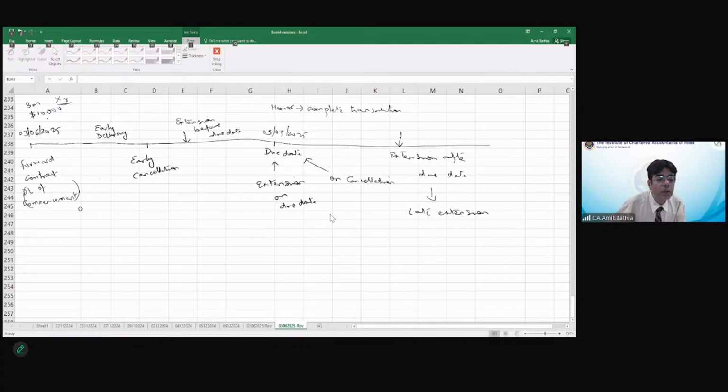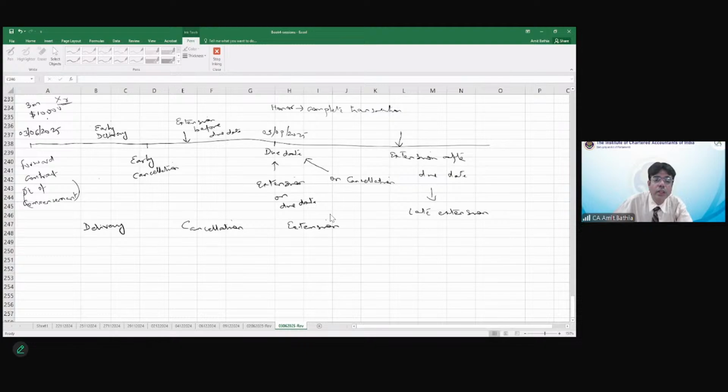If I try to summarize this, now I have three options coming in each of the situations, which is that there is a delivery, then there is cancellation, and there is extension.